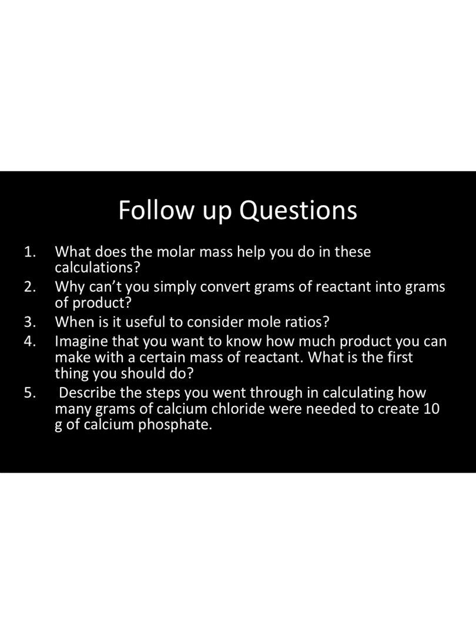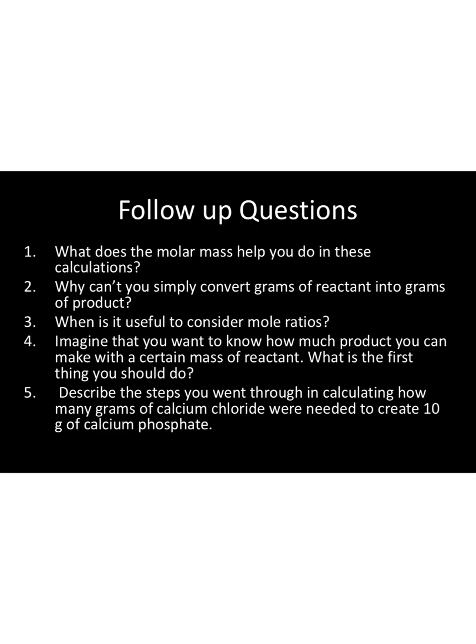All right, so the next question says, imagine that you want to know how much product you can make with a certain mass of a reactant. What is the first thing you should do? All right, so I hope that you wrote down that if you're given a certain mass of a reactant, you're first going to have to convert into the moles of that specific reactant.